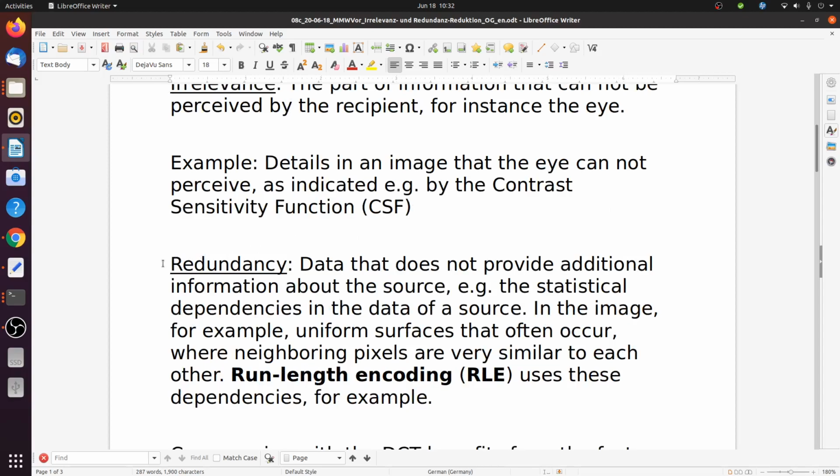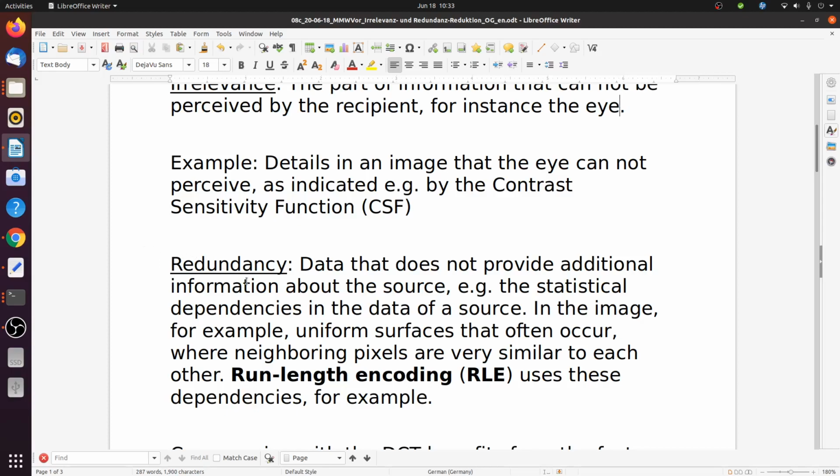Then we have redundancy. This is the data that does not provide additional information about the source. For instance, the statistical dependencies in the data of a source. In images, for example, uniform surfaces often occur when neighboring pixels are very similar to each other. In that case, we can use, for instance, run length coding by just saying how often we want to repeat a certain value, and that is a very compact representation, even though it may cover many pixels.